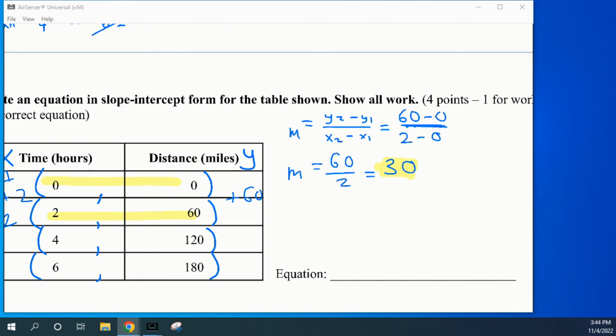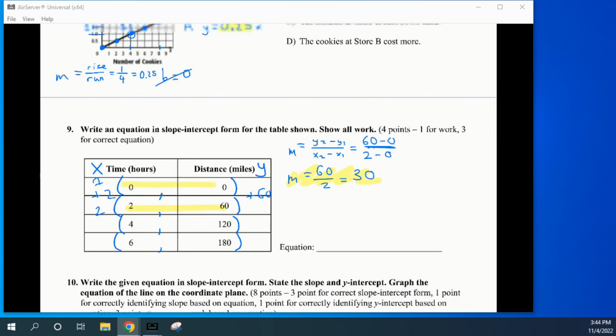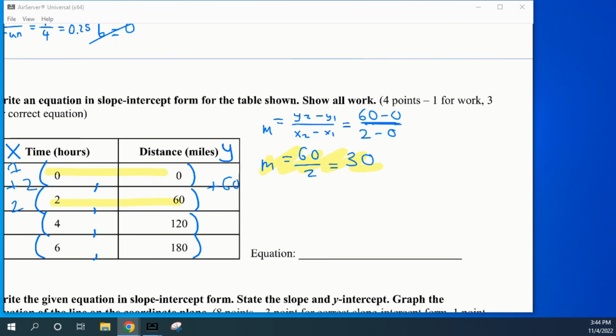Then, when we find our slope, we have to use the slope-intercept formula. Y equals mx plus b. And one of our points, I am going to use 0, 0. And there's two reasons why I'm doing that. One, it is a point that's on this, so it will get you your y-intercept. Two, watch what the y-intercept is.